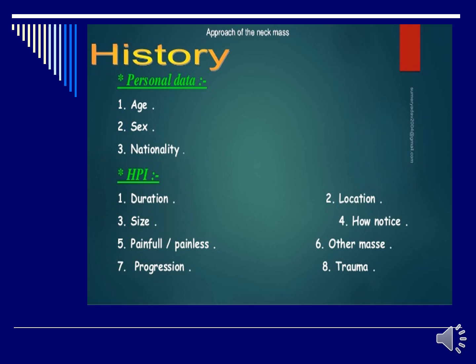History of present illness. We have to ask about the onset of the mass: how long it has been there, whether acute or chronic. Is the mass in the middle of the neck or in the lateral neck? The size of the mass is important.